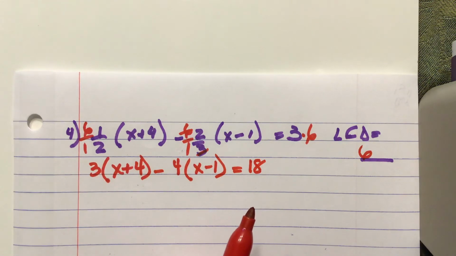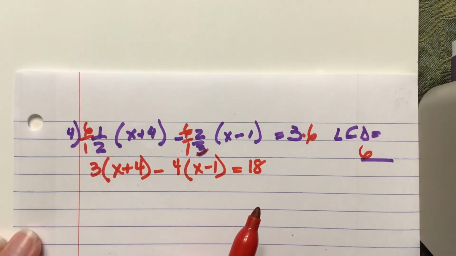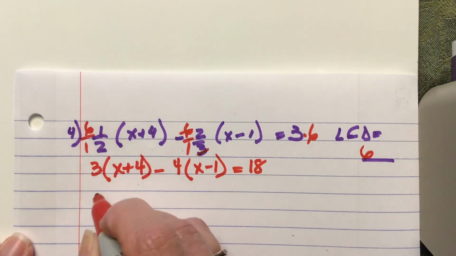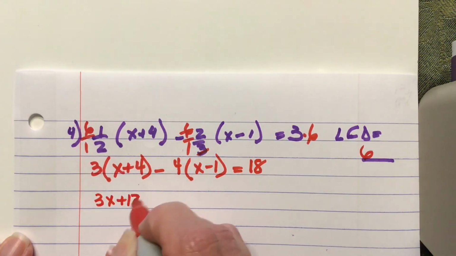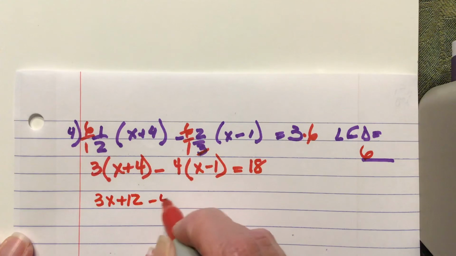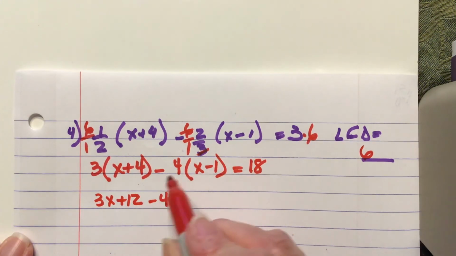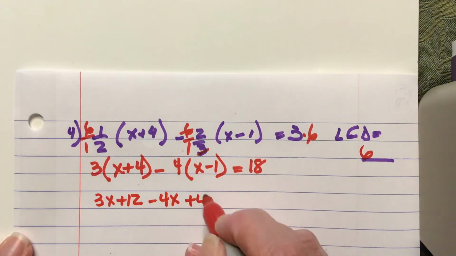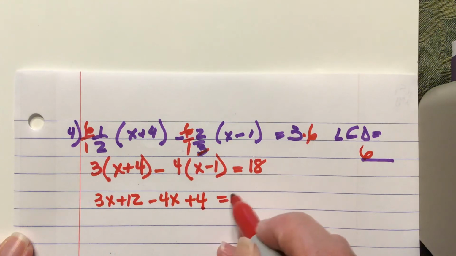So now what I'm going to do is work through and distribute at this point. So 3x plus 12 minus 4x, minus 4 times minus 1 is a plus 4, is equal to 18.